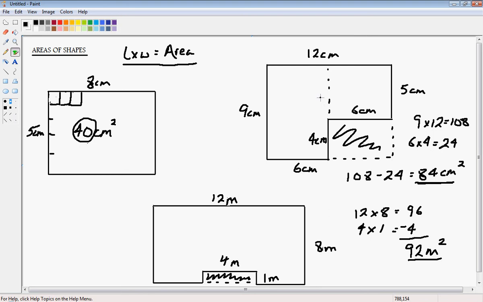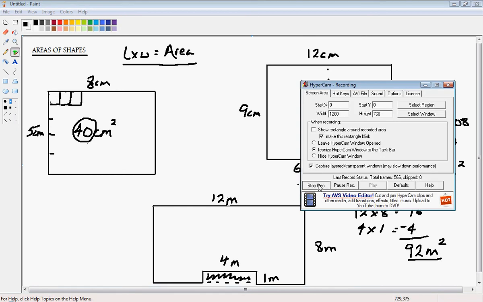Now this is fine, there's nothing wrong with that until we get to slightly more complex shapes. So choose whichever method you choose, but I would strongly advise this particular method. Okay, so again, as I always say, it's just practice, so give it a shot and you'll be fine.